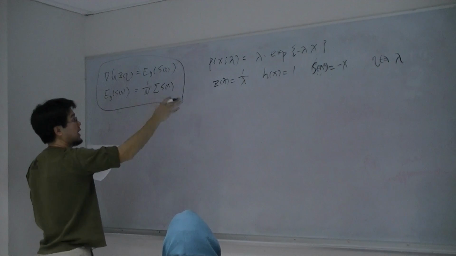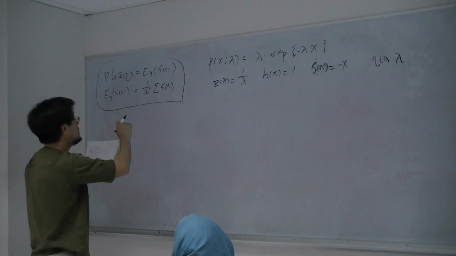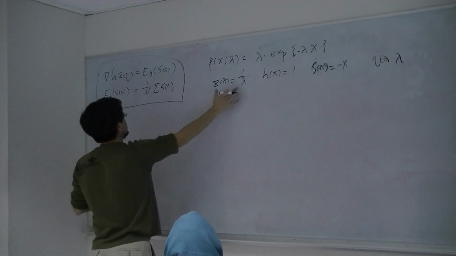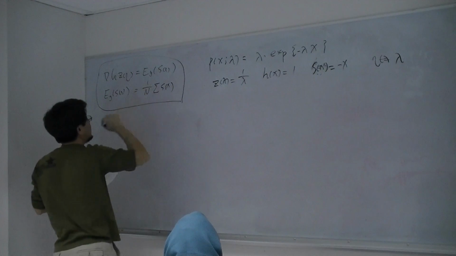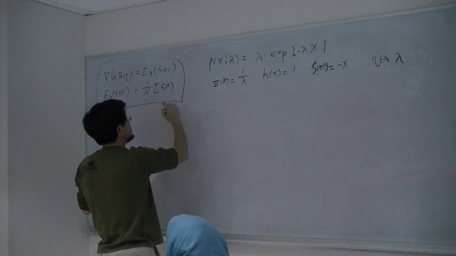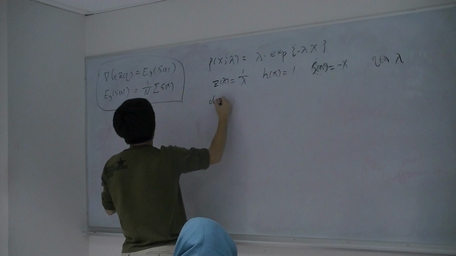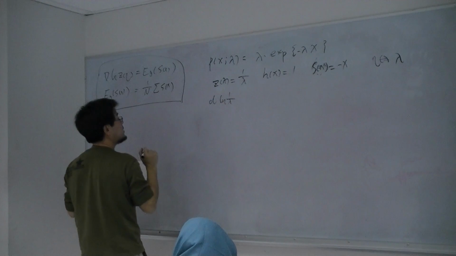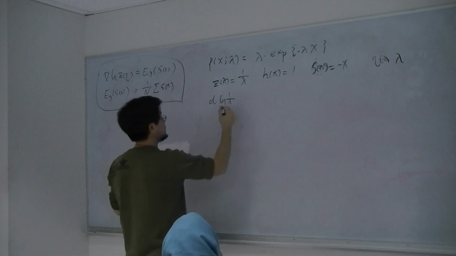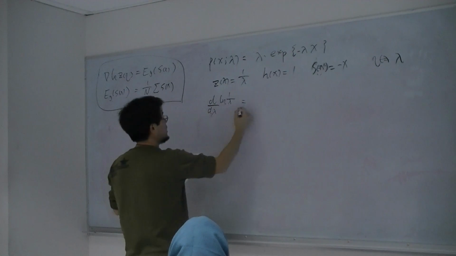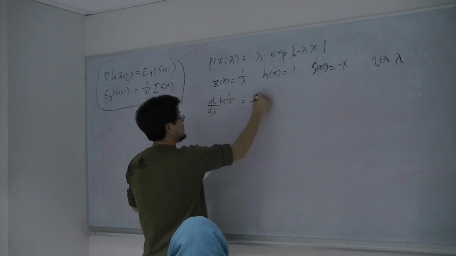Let's plug this in. The derivative of ln of this should be equal to the expectation of the sufficient statistics. Let's compute this first. The derivative of ln Z with respect to lambda is equal to this.